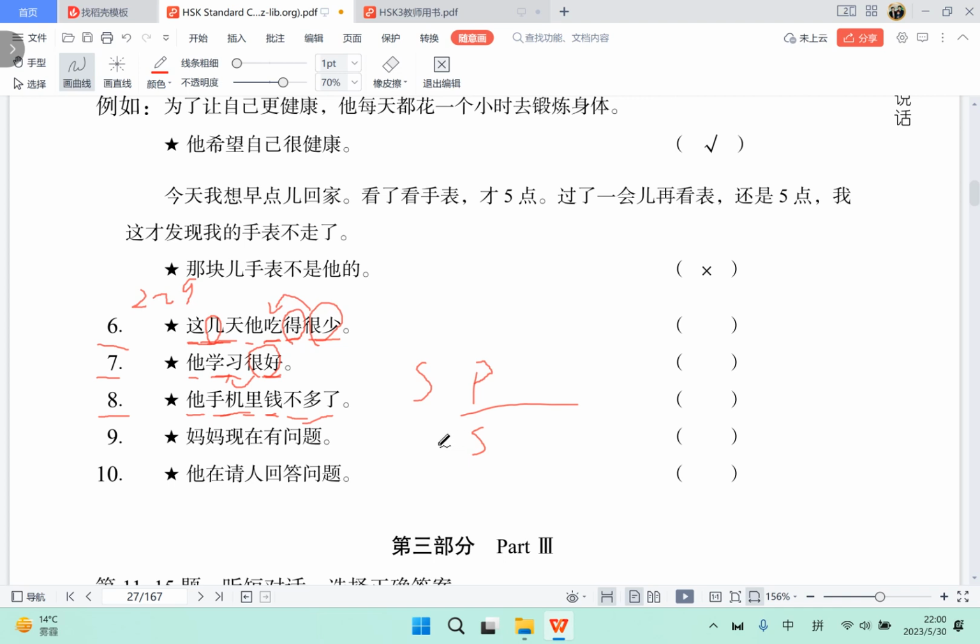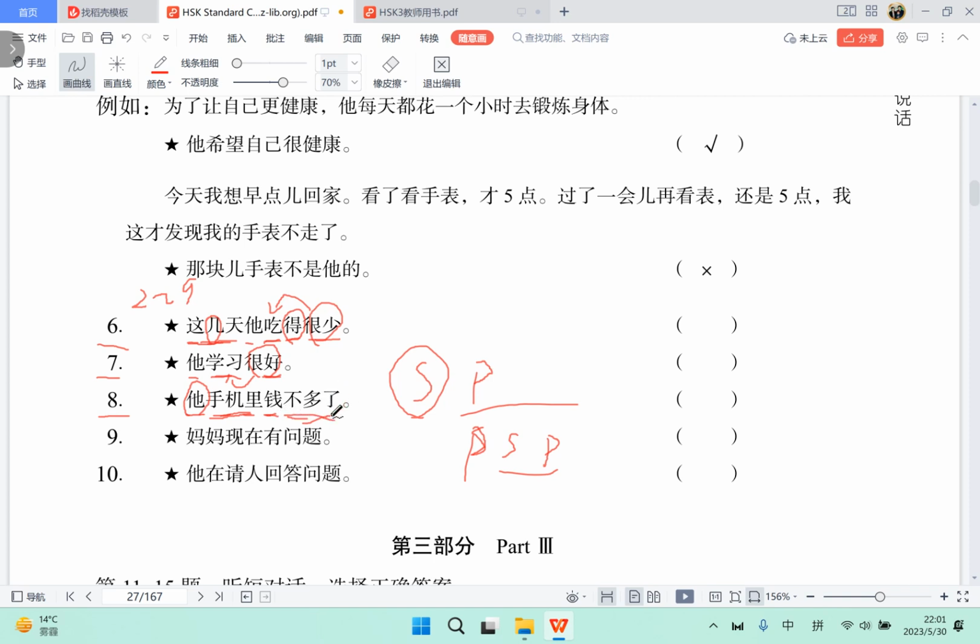The first subject is not really the subject; it's more like the topic. So this sentence is talking about him, and the situation we get to know is that in his cell phone, the money is not too much, 不多了.